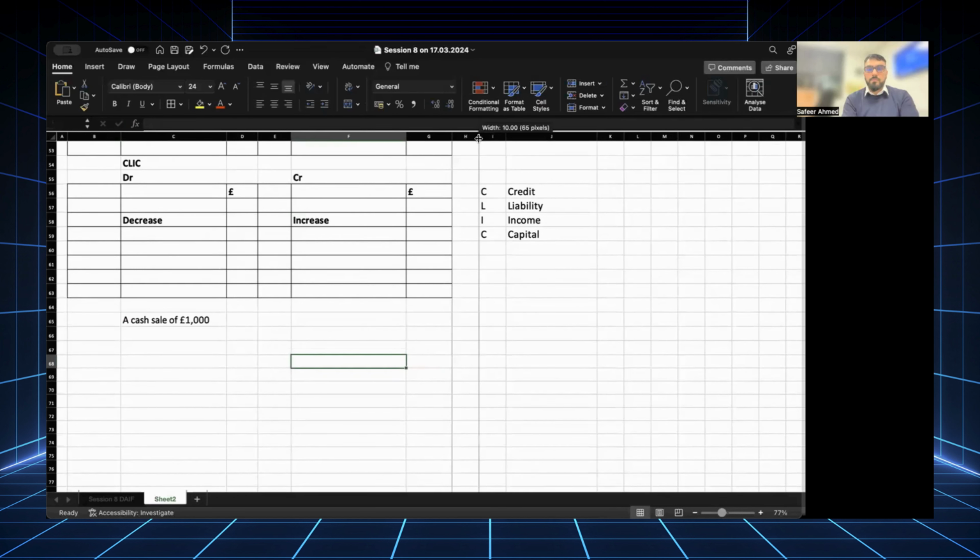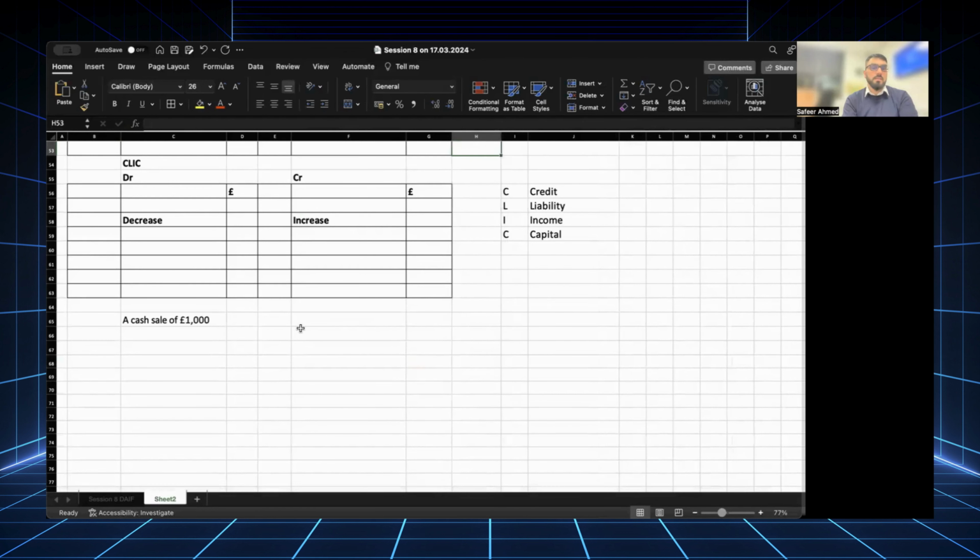Now, first of all, identify which two accounts, which two ledgers, will be involved in this case. And then we will be applying these rules. So first things first, if it is a cash sale, cash will be one account, and sales will be another account. And now look at the nature of these accounts.